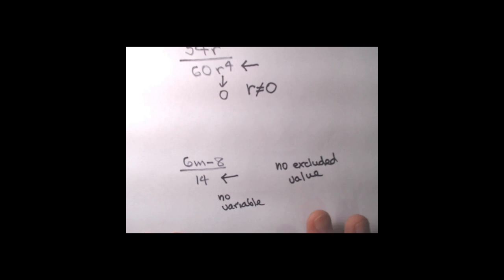Remember, this excluded value business is something that only occurs when we have variables downstairs in an algebraic fraction, or rational expression as it's officially called.